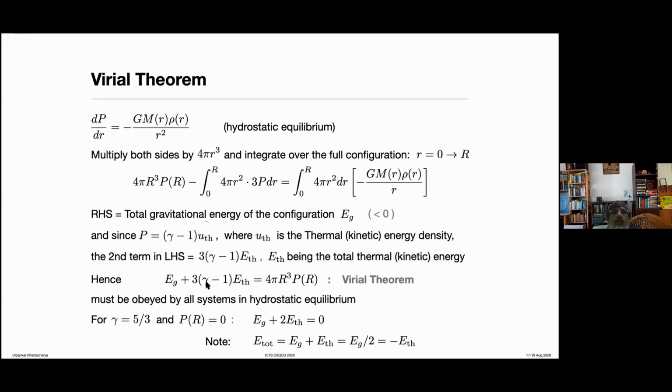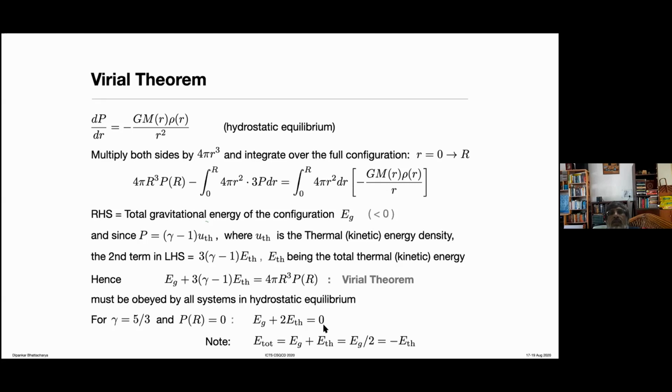So the 5/3 minus 1 gives you 2/3 here. So 3 times 2/3 gives you 2. So then the left-hand side turns out to be the gravitational energy plus twice the thermal energy of the configuration, equated to 0 on the right-hand side because the pressure at the surface is 0.